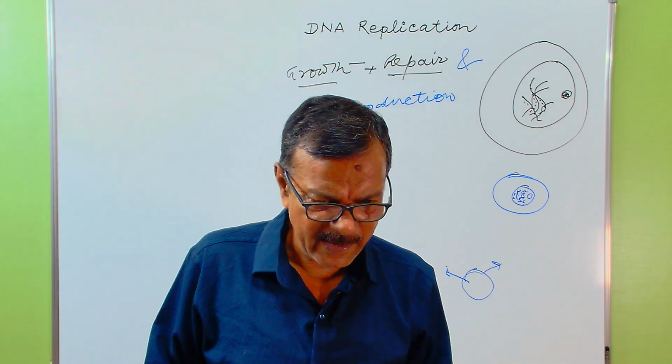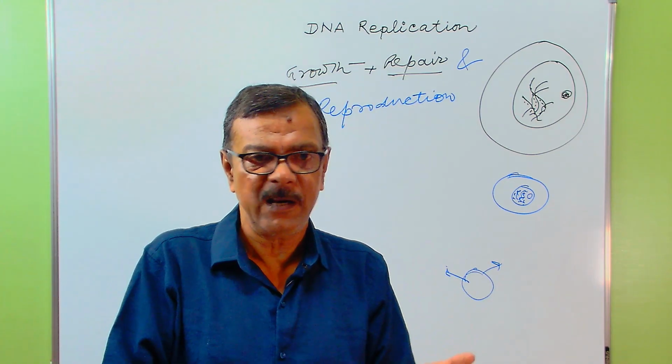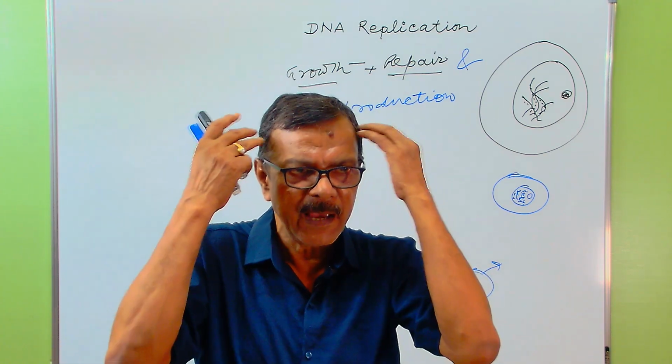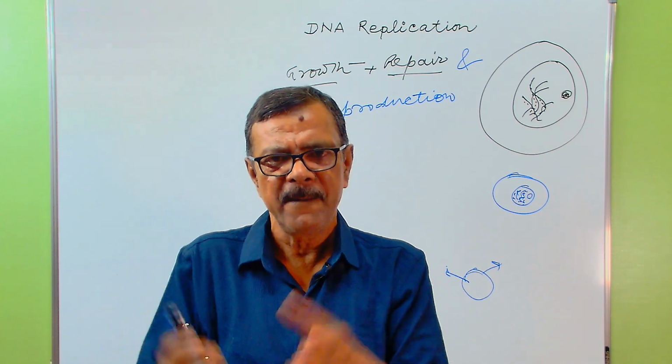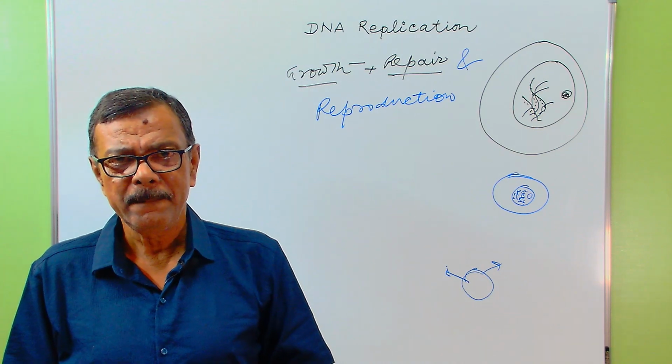Sometimes there is a saying that when we meet an accident on a scooter without wearing a helmet, my brain cells are lost. Once the brain cells, that is neurons, are lost, they cannot be repaired, they cannot be regenerated. Why?